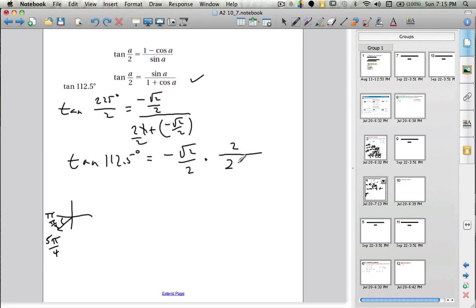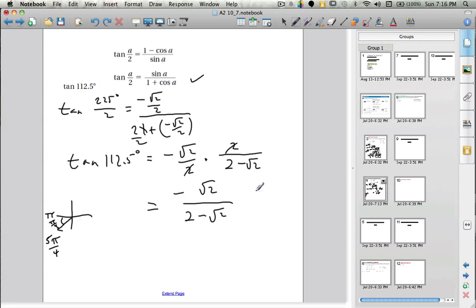And over here I'll have 2 minus root 2. Okay, and when we multiply these together, these are going to cancel. So I'll get negative root 2 over 2 minus root 2.